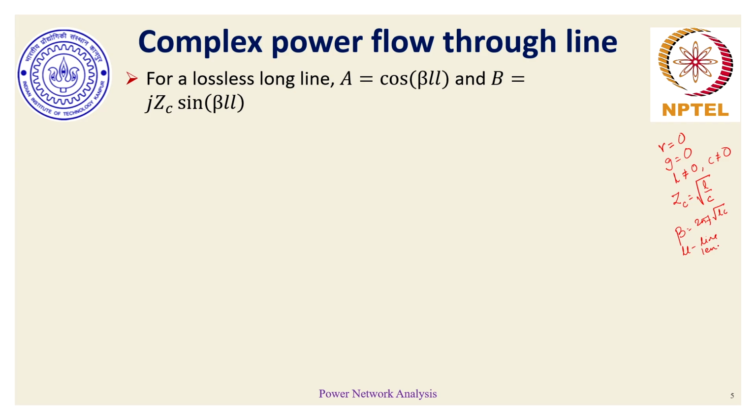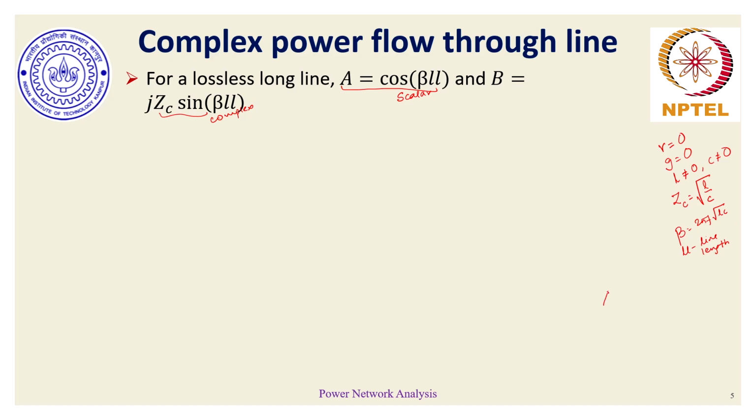If we substitute these attributes of a lossless line in the ABCD expressions, then A, which is usually a complex number, turns out to be a pure scalar, and B turns out to be a pure imaginary number.